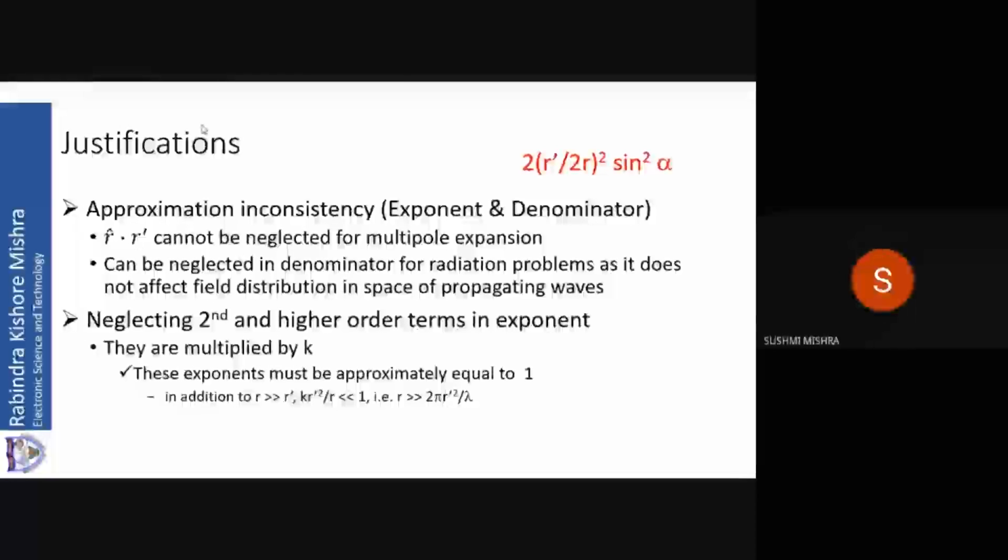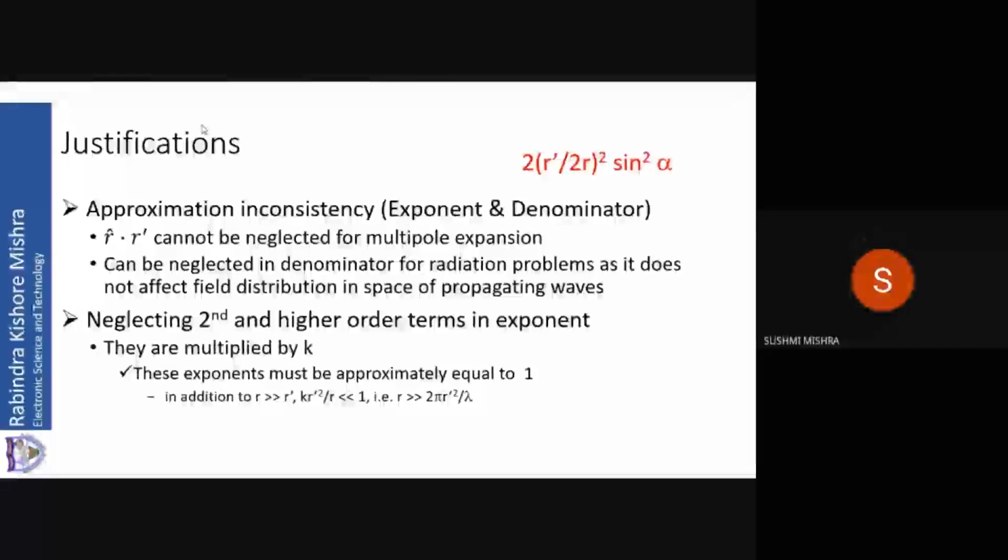Then, in addition to that, we know r is much greater than r dash. And now we can have k r dash square upon r much less than 1, which means r will be much greater than 2 pi r dash square by lambda, if I put 2 pi by lambda for k in this expression. So remember two terms. One is r much greater than r dash.